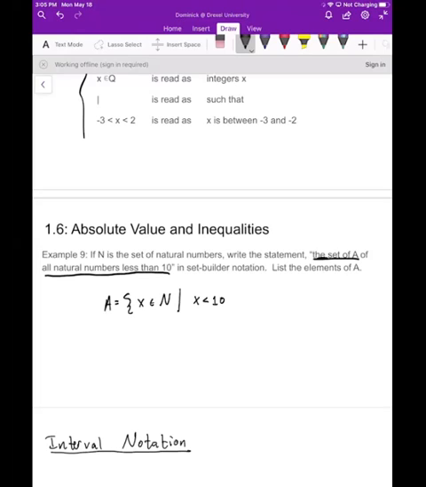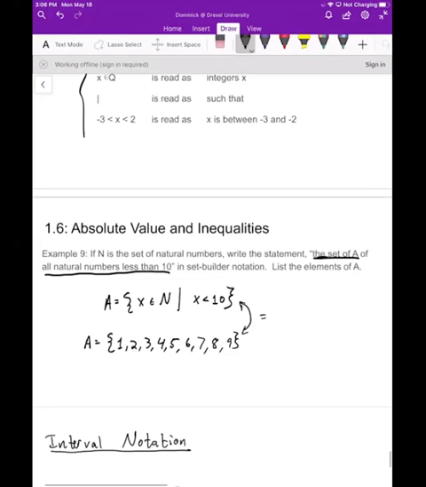That's the set of all natural numbers that are less than 10. Okay, what are these elements? Well, A, to be specific, is 1, 2, 3, 4, 5, 6, 7, 8, and 9. So these are saying the same thing. These are really equal, but the top is maybe a little bit more convenient to write.